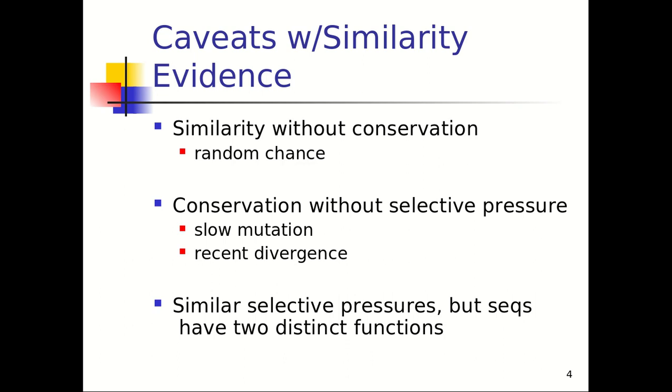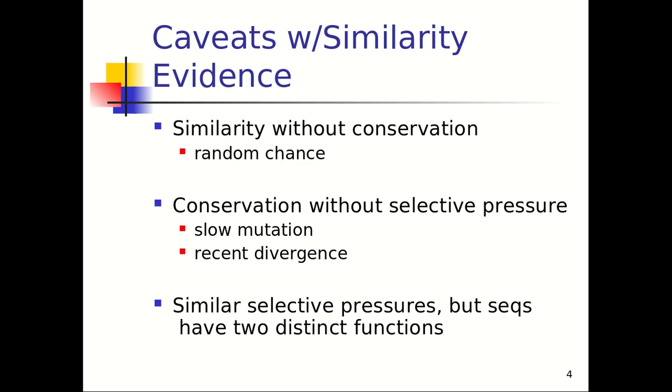If you don't see that conservation across many organisms, say for the same gene, then it might simply be by random chance. There is no guarantee that similarity leads to conservation.